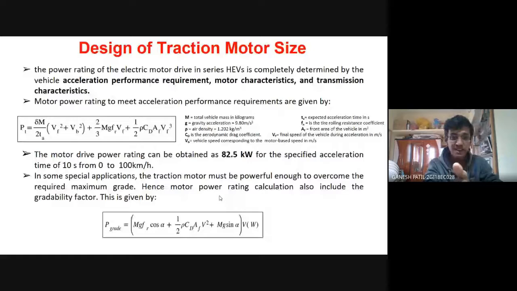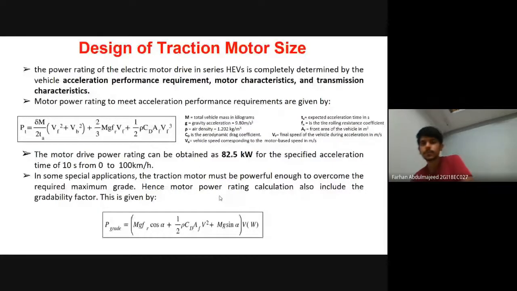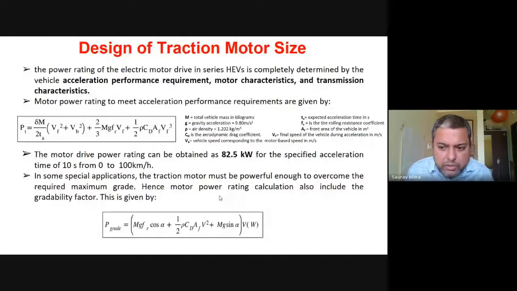The second and third parts are always present in any kind of calculation, because rolling resistance and air drag will always be there for any EV. They will not be constant, though, because if the velocity increases, those also increase. So on the right side, there are mainly two parts. The first one is the tractive force.